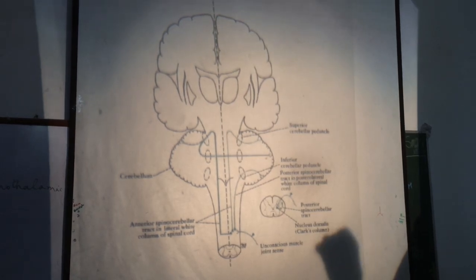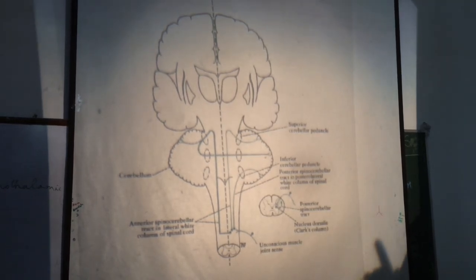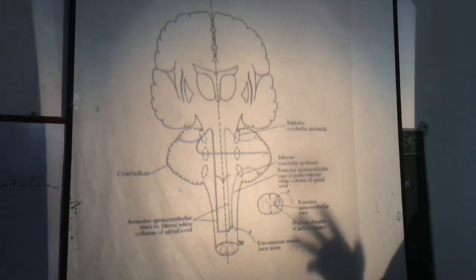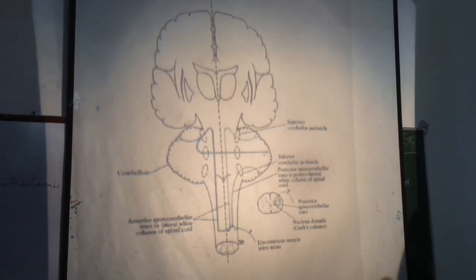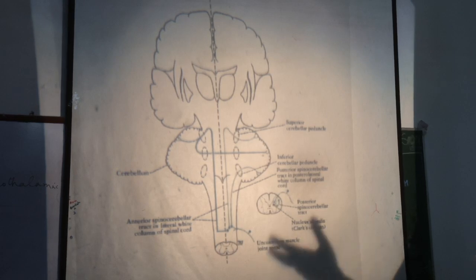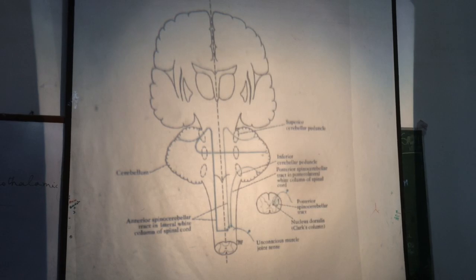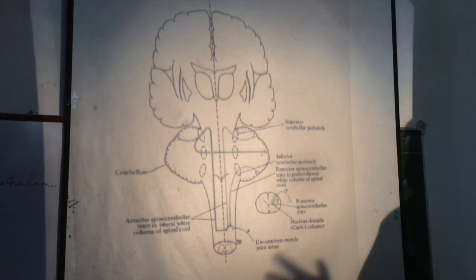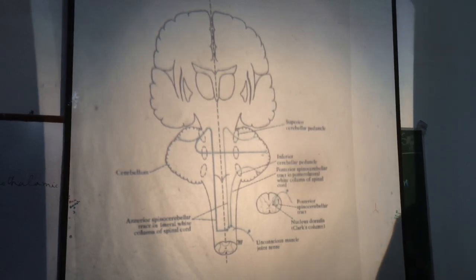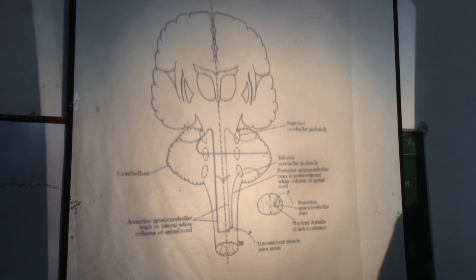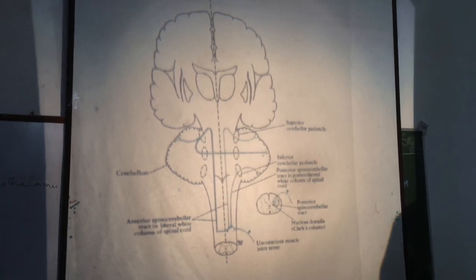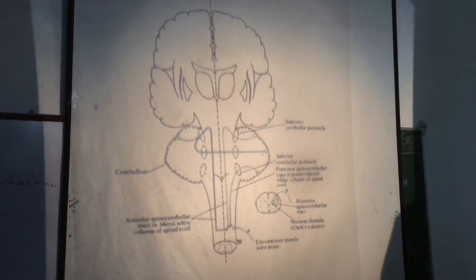These carry impulses from the muscle spindles about the change in the muscle length, impulses from the Golgi tendon organ about the muscle tension, and impulses from the Ruffini's end organ and Pacinian corpuscles about the movements in the joints, right?